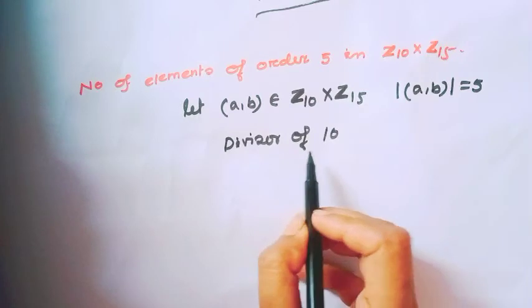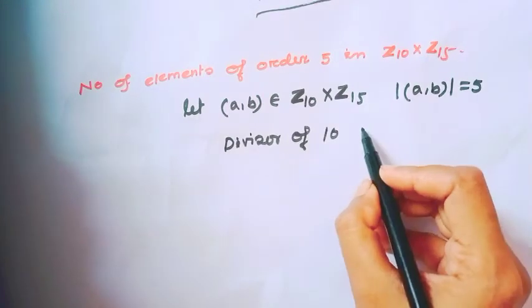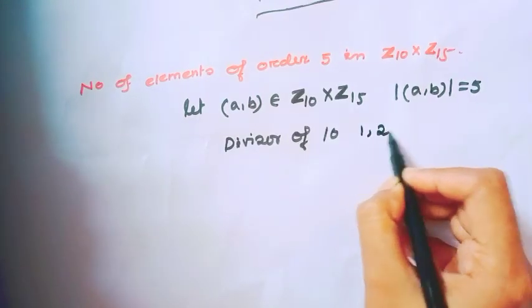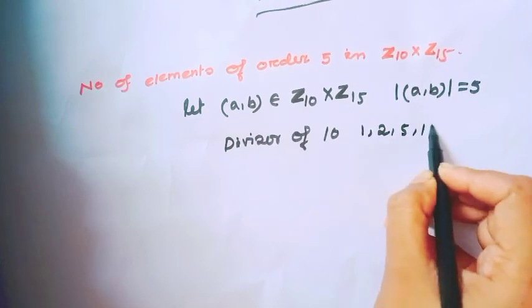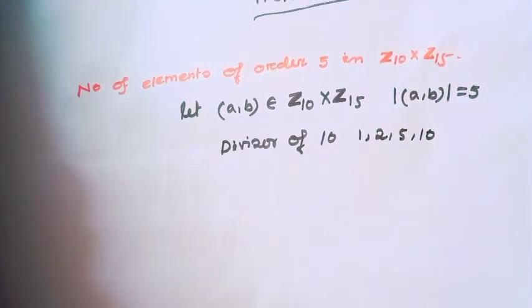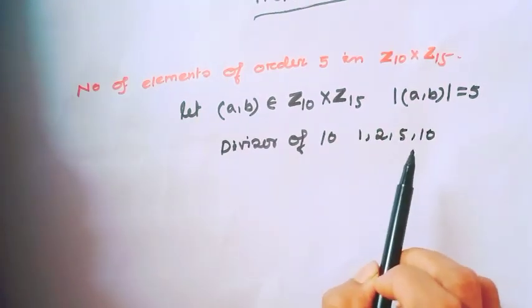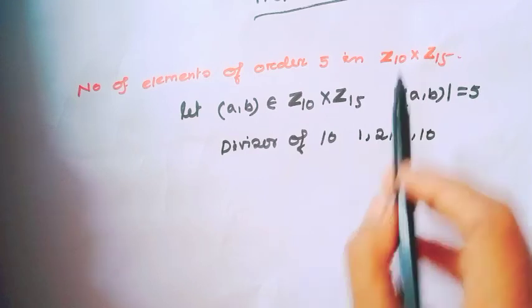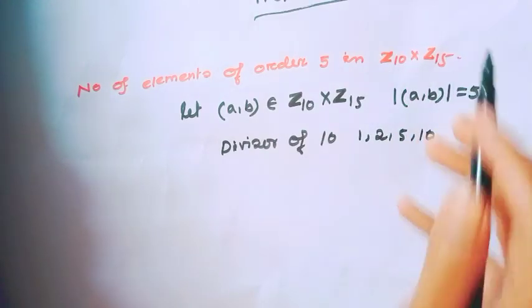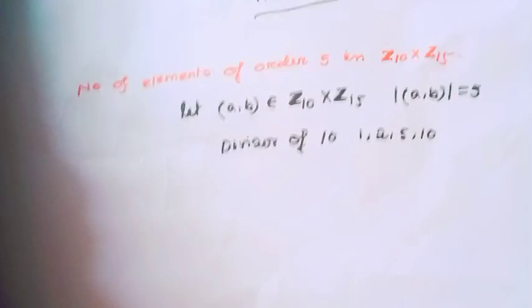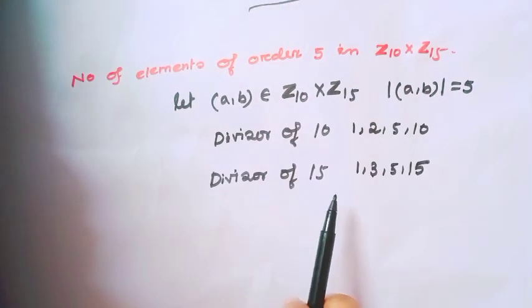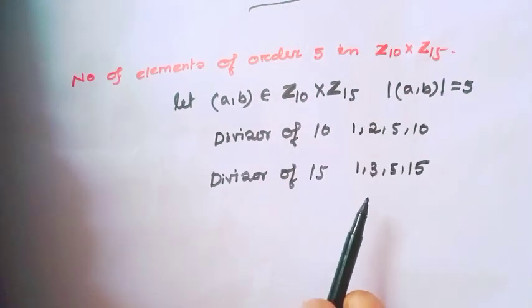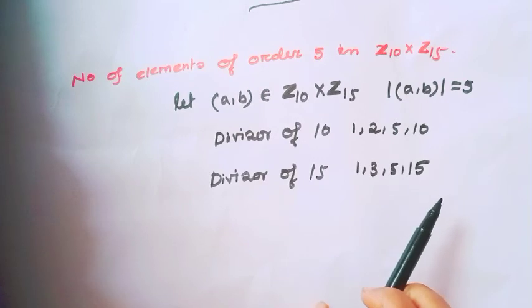Now see the divisors of 10. These are 1, 2, 5 and 10. This order of element is possible in Z10, we all know. Then now see the divisors of 15, we all know these are 1, 3, 5 and 15.